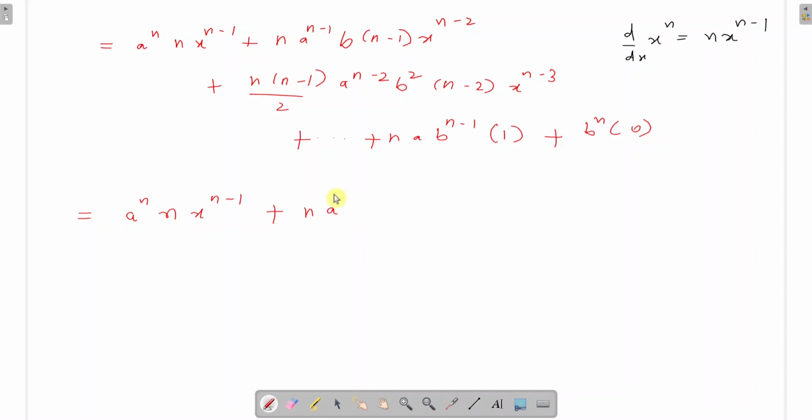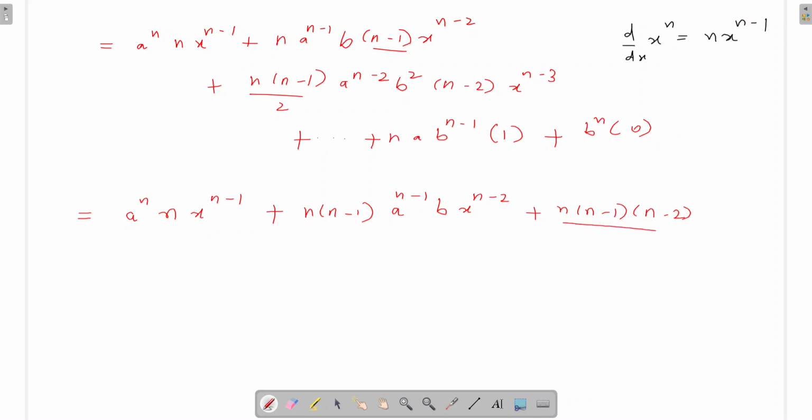n a. So what we will do here is write this beside n. So n times n minus 1 a raised to n minus 1 b x raised to n minus 2, then plus n times n minus 1 right here, and we will write n minus 2 beside n times n minus 1.